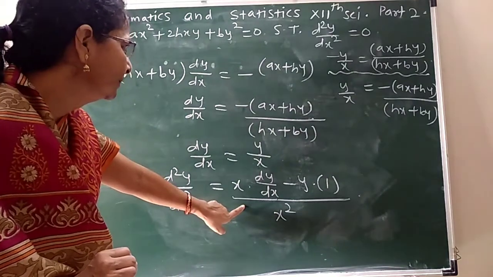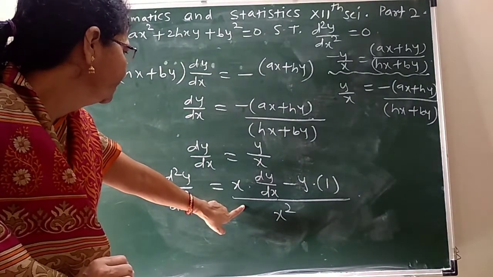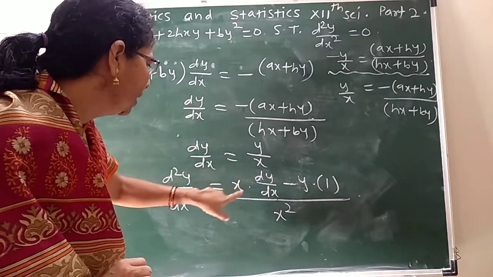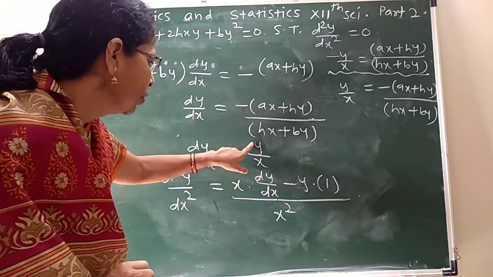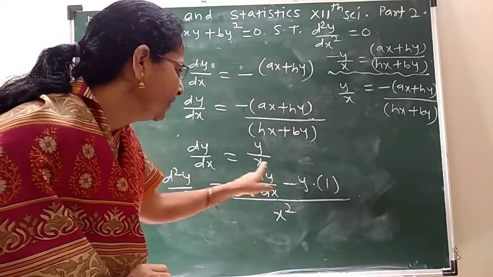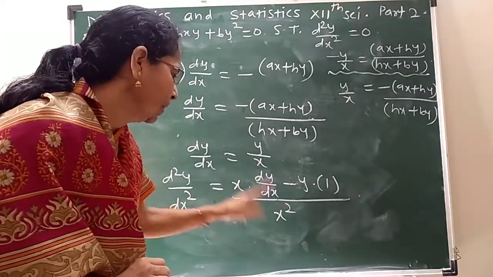Once again, y upon x: v, derivative of y is dy by dx, minus y, derivative of x is 1, upon x square.